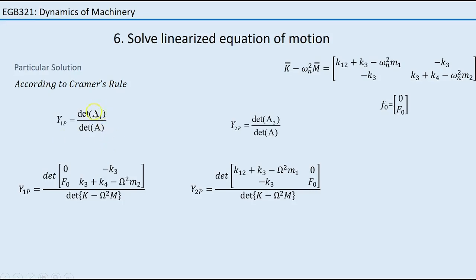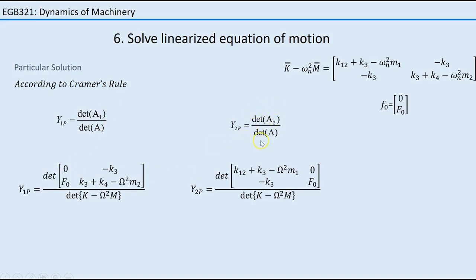The determinant of the A1 matrix, now the A1 matrix is like this. The first column is replaced by the force vector, so we just write F0 and 0 in this matrix, and that's our A1 matrix.